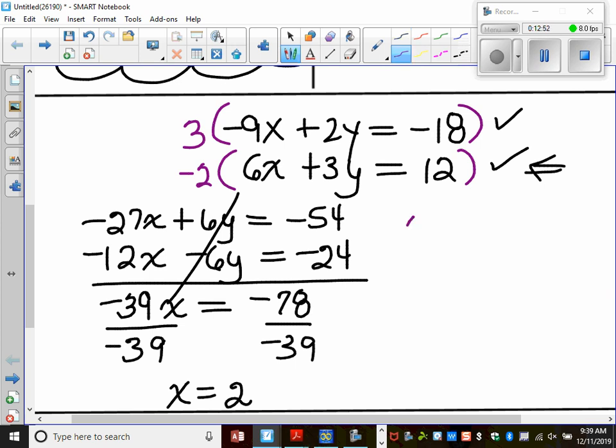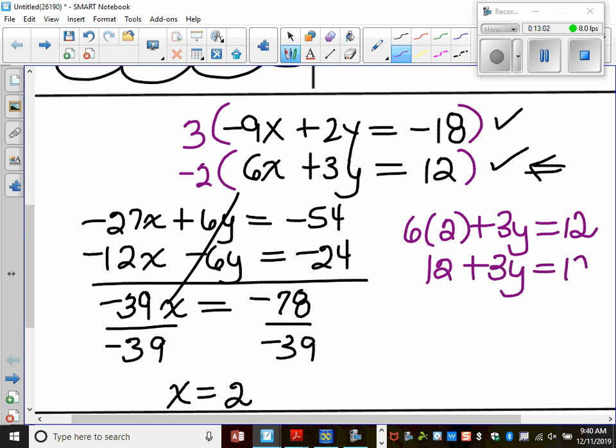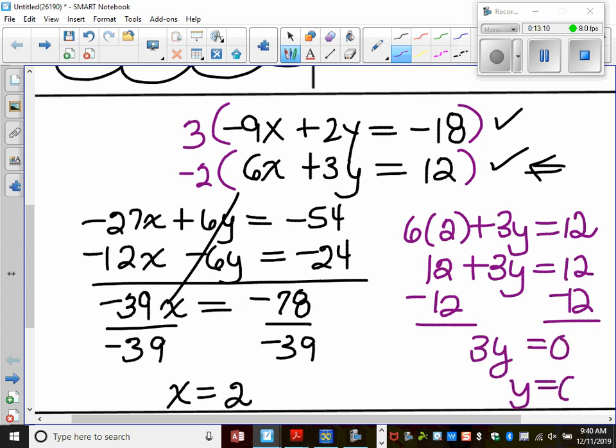So I'll say 6 times 2 plus 3y equals 12. Okay, and then just solve it. All right, so now we have our value for y, which is 0.